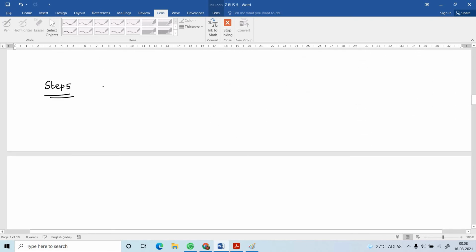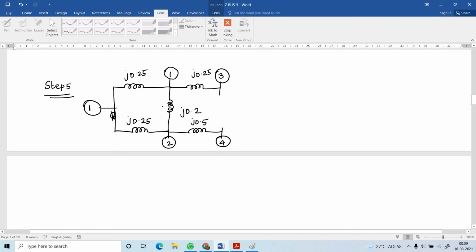Okay, next I am going to find out the next step, that is step number 5. What is step number 5? I am going to redraw the same network again. In step number 5, J0.5 is added between old bus 2 and the new bus 4. Add J0.5 between old bus 2 and the new bus 4.